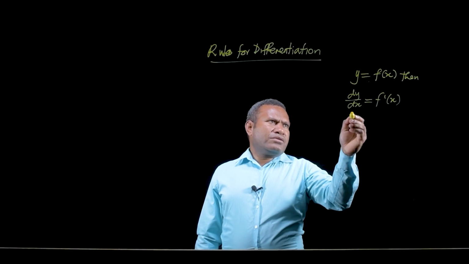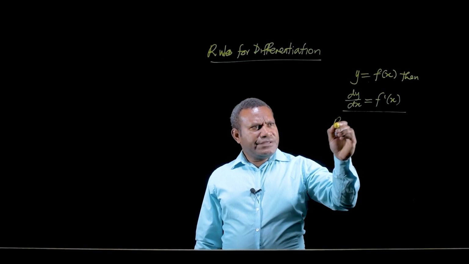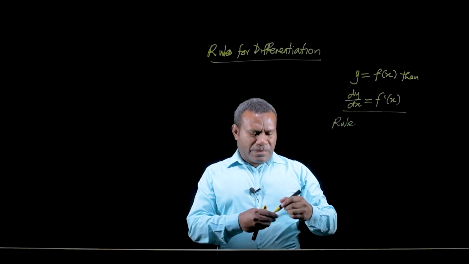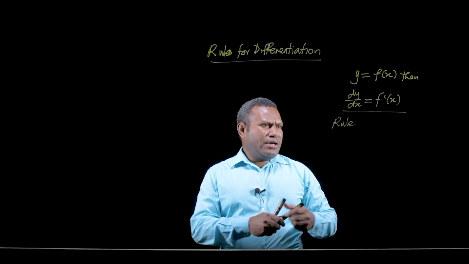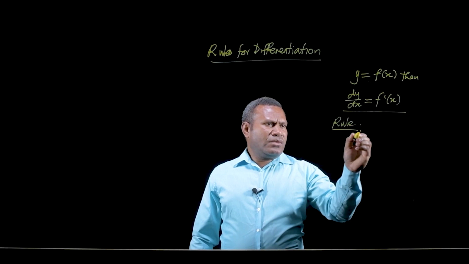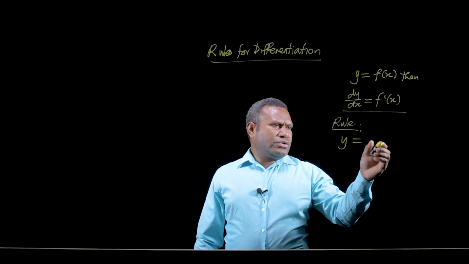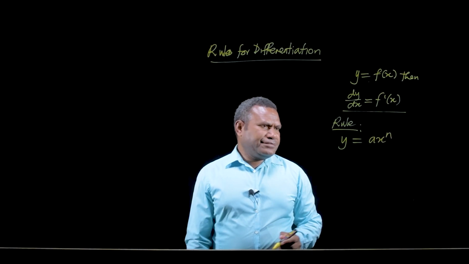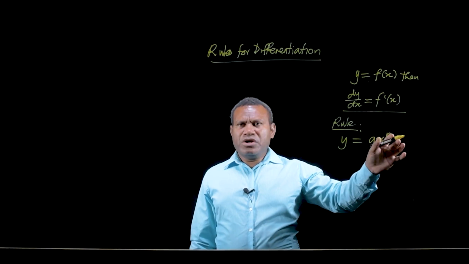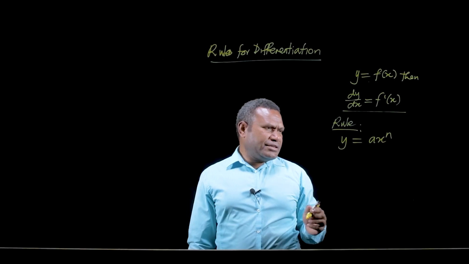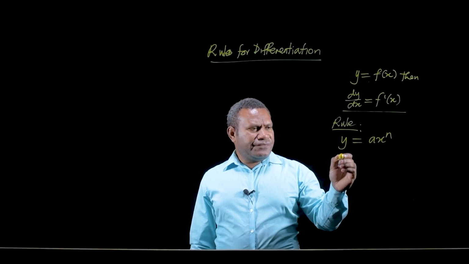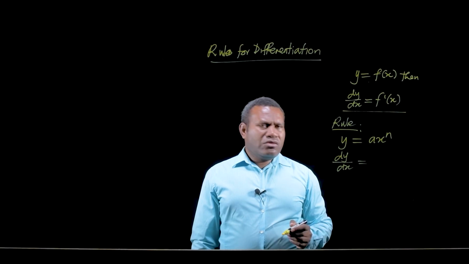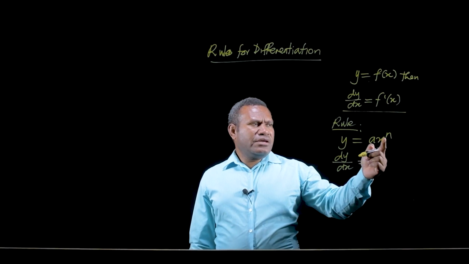All right, so the rule for differentiation is this. If I have a function y is equal to ax raised to the power of n, a polynomial or algebraic function, then the derivative of this function will be like this.